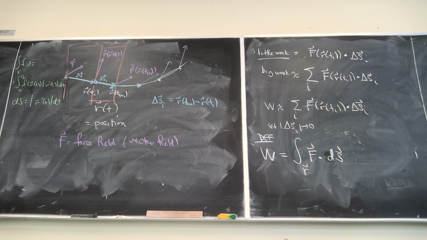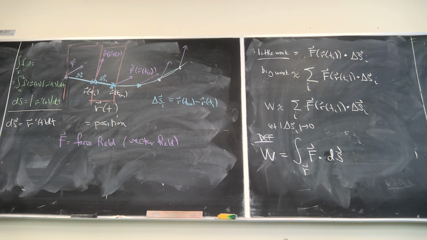Now, in a completely unjustified way, I'm going to ask you to guess what vector ds should be equal to. This is a scalar quantity, right? Scalar ds means I took the derivative, took its scalar magnitude, and multiplied it by dt. Get rid of the absolute values. r prime of t dt.